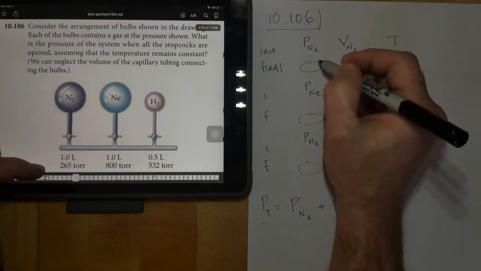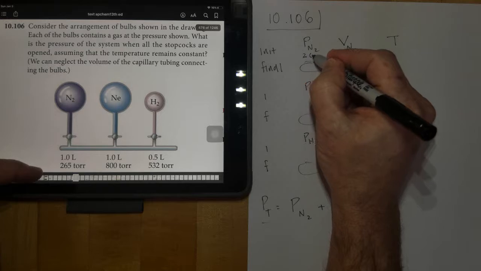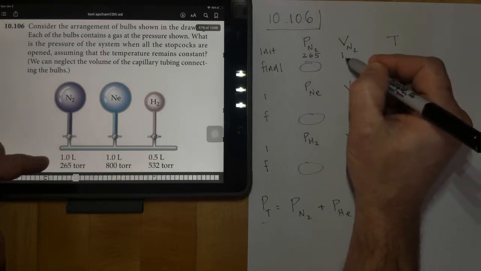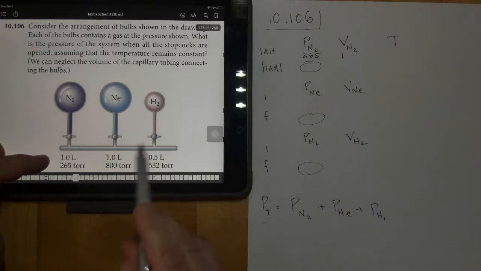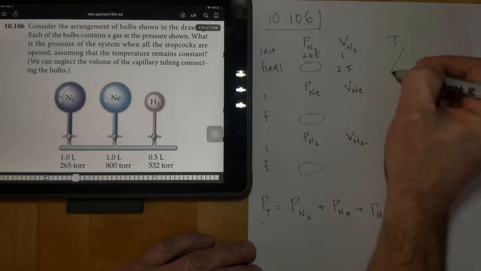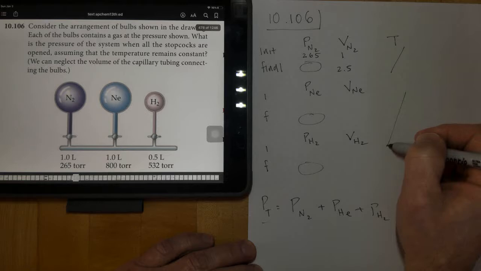Nitrogen begins at a pressure of 265 torr and a volume of 1 liter. When we open all of these valves right here, it will go from 1 liter to 1 plus 1 plus 0.5, or 2.5 liters total. Temperature, remember, we're going to say just stays constant for all of these.